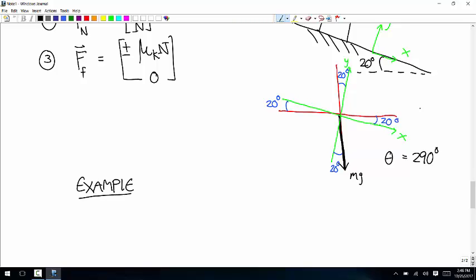Or you could think of it as negative 90 plus 20, so negative 70. That would give you the same thing. The magnitude is the weight, mg. So if it's 10 kilograms, the weight force magnitude would be 98.1 newtons, and you take 98.1 times cosine and sine of 290.